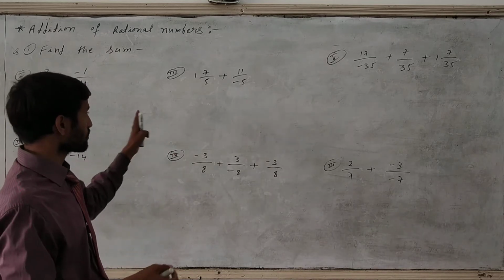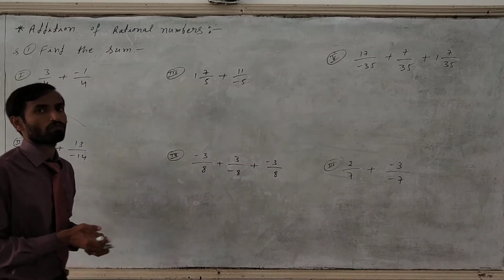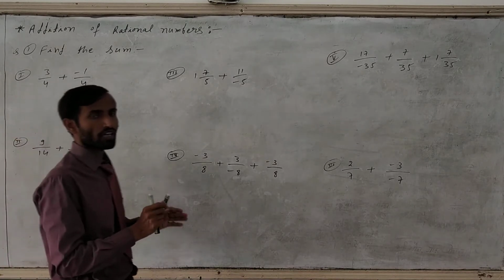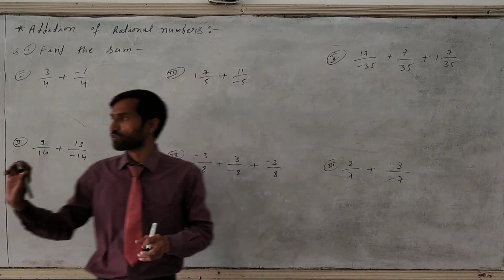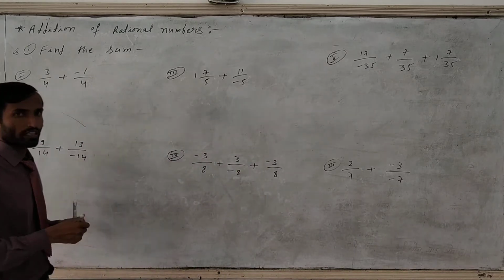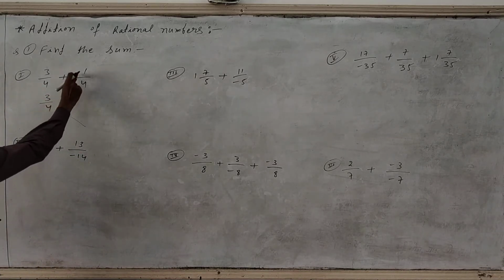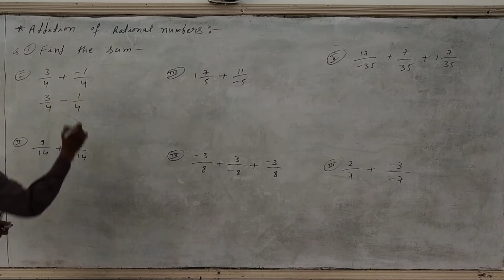This type of sign came in the integer chapter also. So just remember that sign convention, that sign rule, then you can use it here also. So 3 upon 4 is given, plus and minus, then it will come minus 1 upon 4.